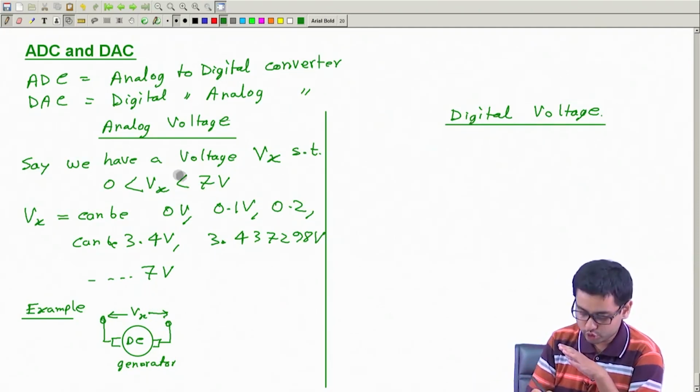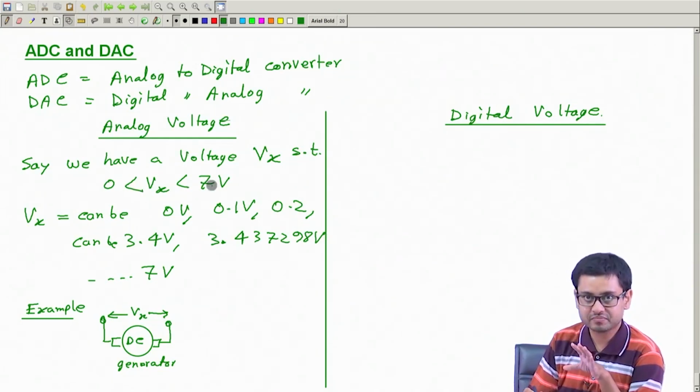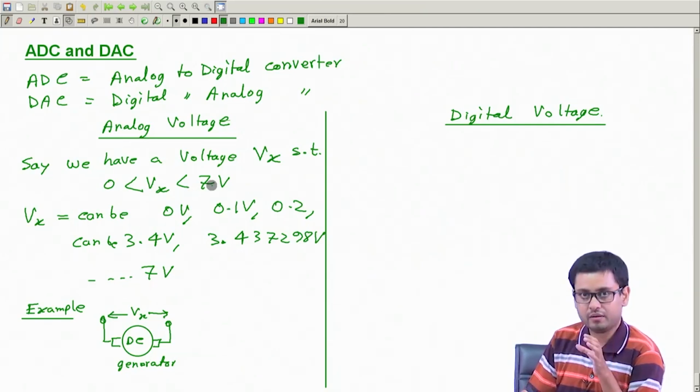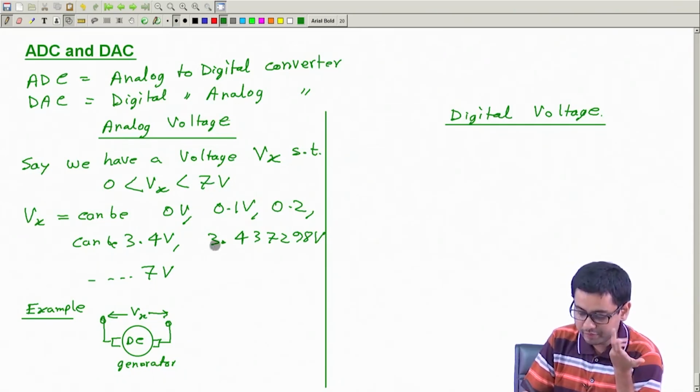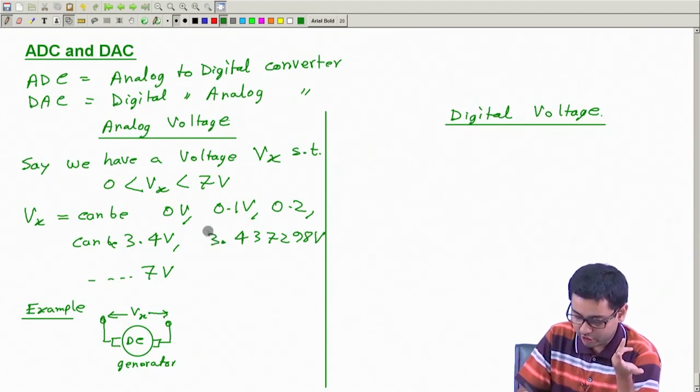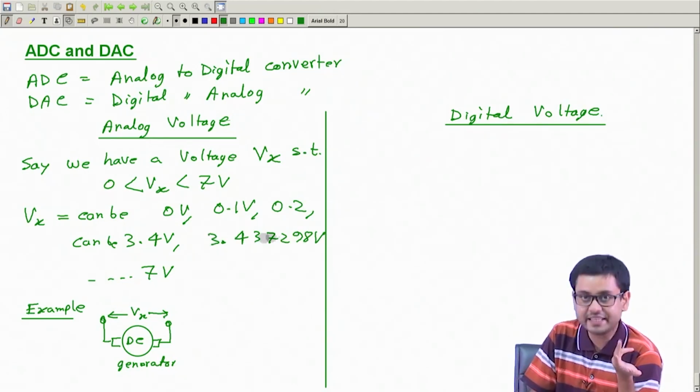say now we want to store the value of this voltage in a computer. In a computer, we cannot store any arbitrary number. We possibly cannot store a number with this many decimal places if we are using only 4 bits to store the number.